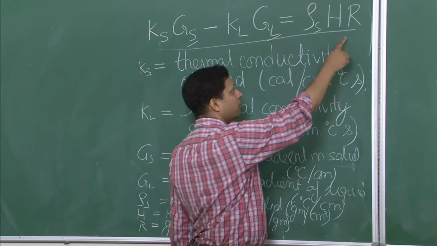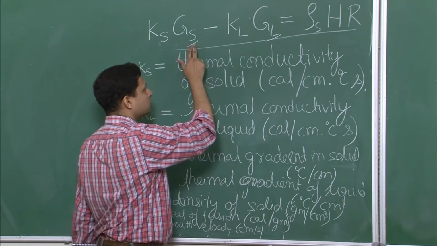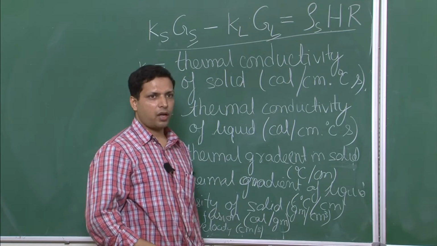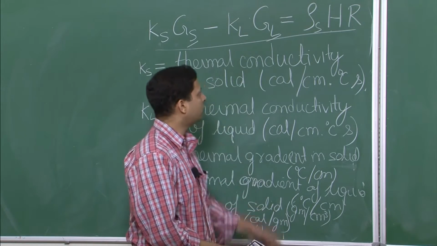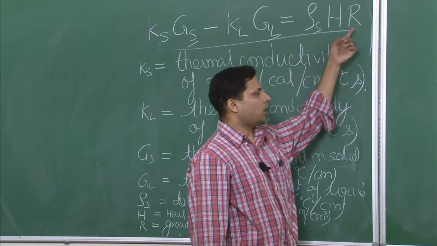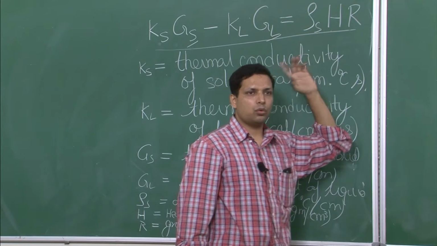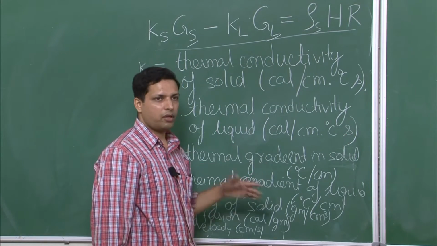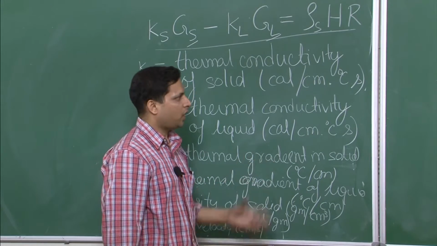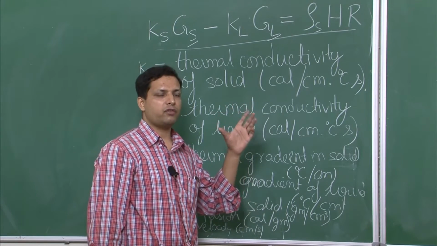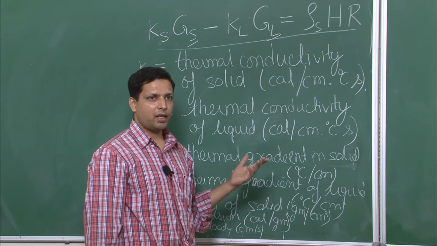So, this is the theoretical velocity: whatever thermal gradient of solid you have, whatever thermal gradient of liquid you have, based on that you get a value of R. Now, when you are actually doing the experiment, trying to grow the crystal, you can move things at a very fast rate and get a very high growth velocity.